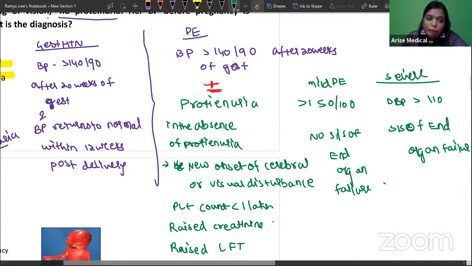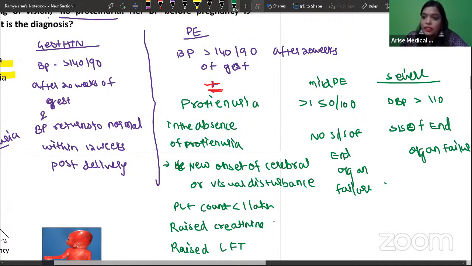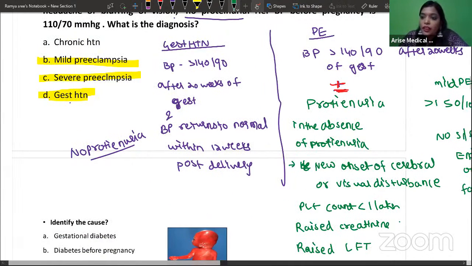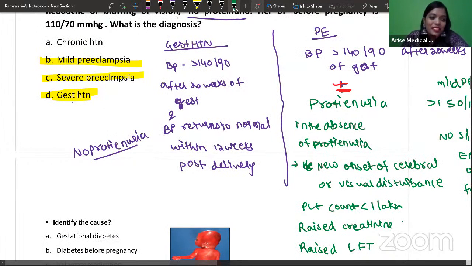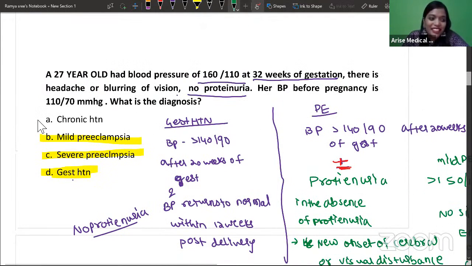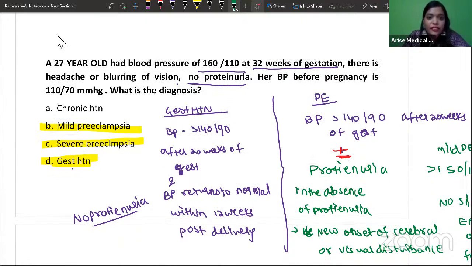So guys, let's go back to our question. Now you answer. I still don't see the correct answer actually. I want all of you giving the correct answer. So there is no proteinuria. 160/110. There is headache and blurring of vision.